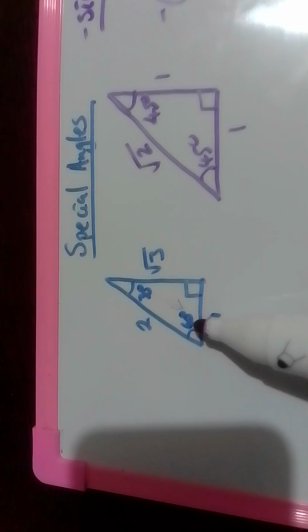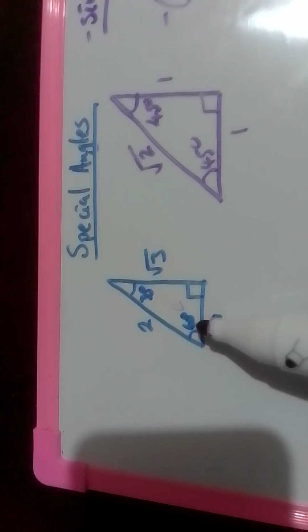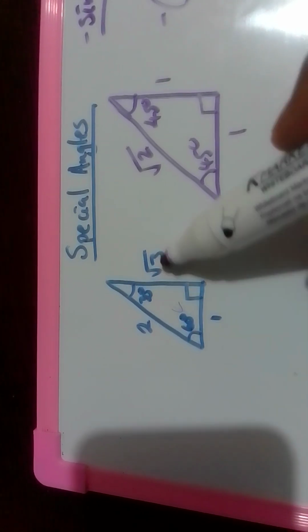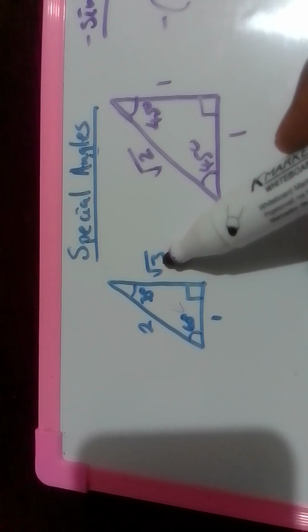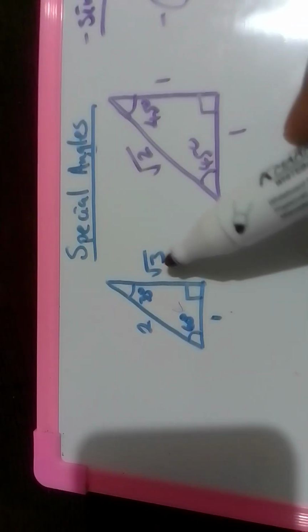I go back to the same scalene triangle, this time to a different angle, which is tan 60 degrees. Tan says opposite over adjacent. My opposite here is square root of 3 and my adjacent is 1, and square root of 3 over 1 is equal to square root of 3.